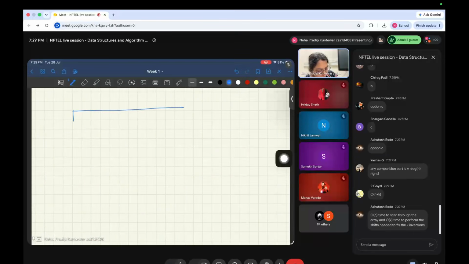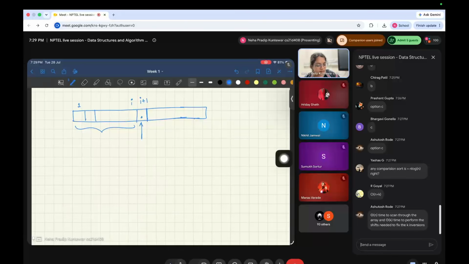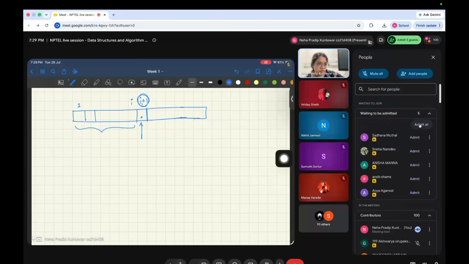Okay, so you are kind of using insertion sort here. You are assuming that some part of your array is already sorted, and I'm looking at the (i plus 1)th element, and I want to put it in its correct position.